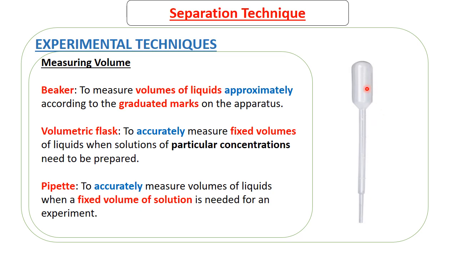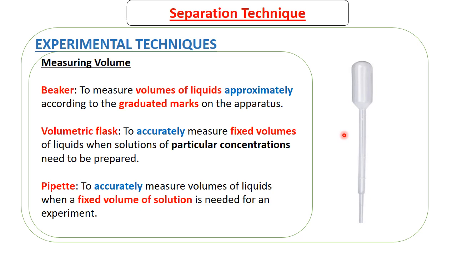You sink this lower part into the liquid, then you squeeze here. The pipette is going to suck the liquid. Then you go to where you want to mix, and you do the same, and the liquid will come out. So use this part to control the sucking and dispensing. That's how a pipette works.